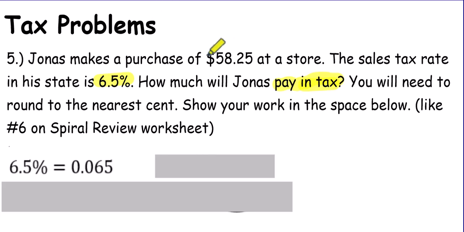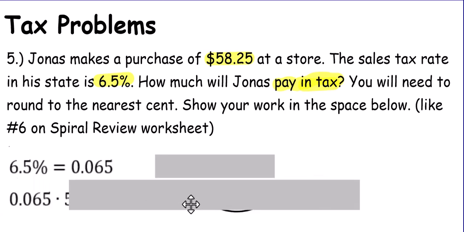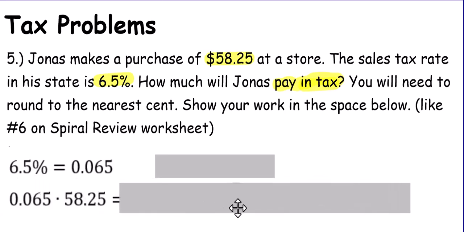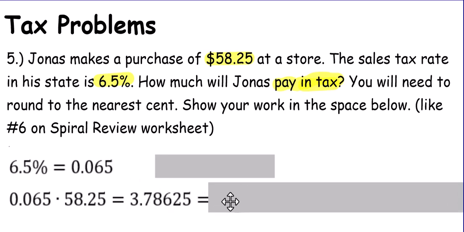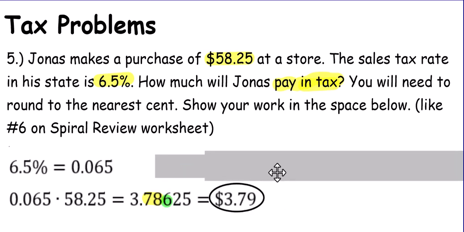Now let's take that 0.065, multiply it by the purchase price of $58.25. 0.065 times $58.25 will get us 3.78625. Now we currently have 78 cents followed by a 6, so that will round up the 78 cents to 79 cents.